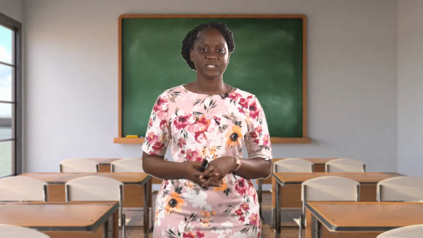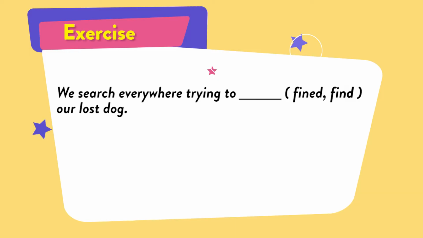Let's make an attempt at this exercise where we have to choose the correct homophone to complete the sentences. The first one says, we searched everywhere trying to something our lost dog. We have the homophones fined and find. F-I-N-E-D and F-I-N-D.